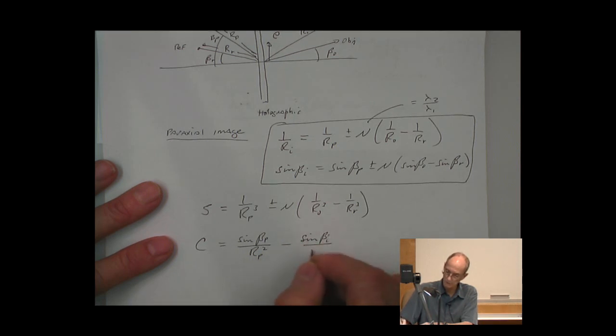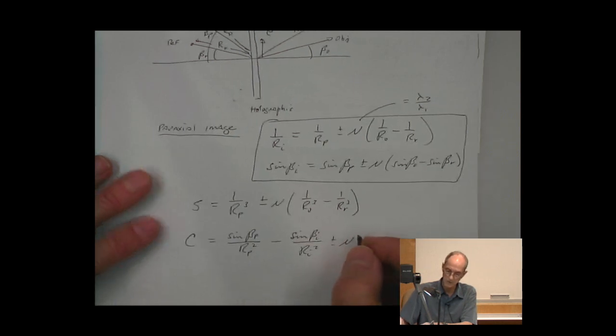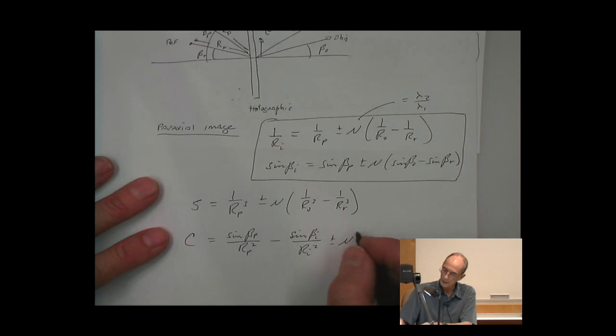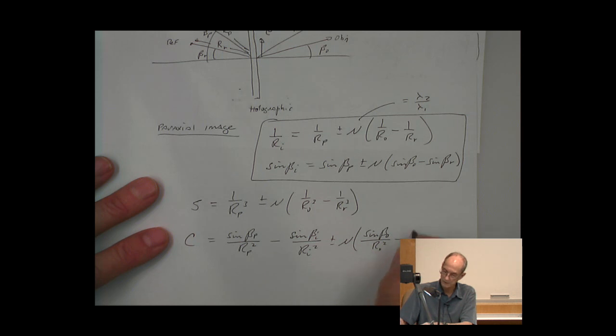plus or minus mu, which is again lambda 2 over lambda 1, times sine of beta 0 over r0 squared minus sine of beta r over rr squared.